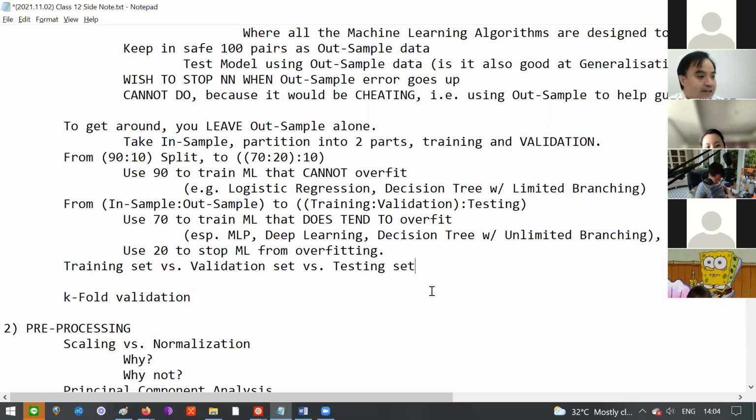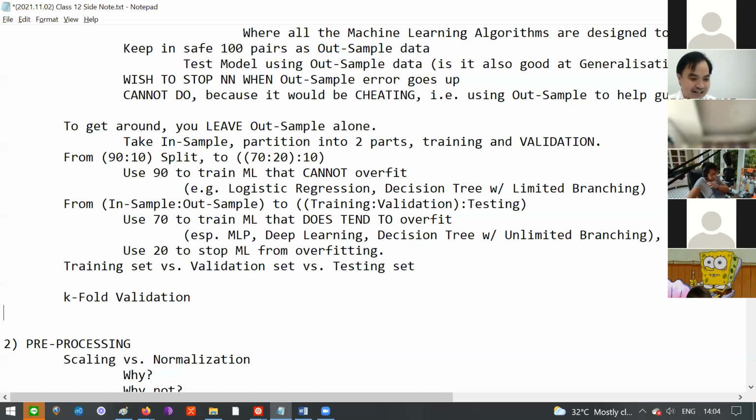Now, there's another concept called K-fold validation. This validation doesn't refer to the validation set. This is a whole loop outside of this.